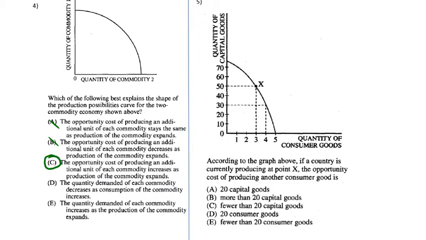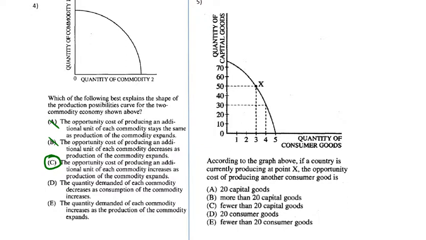All right. Can you explain that more? Yeah. Basically, anytime you see this curved out shape, it's because if you want to increase production of one good, you give up more and more of the other good to get it. All right. I'll come back to this and explain that in a little more detail, but let me just make sure I get through these other questions, okay?